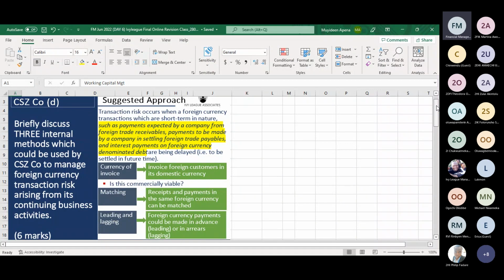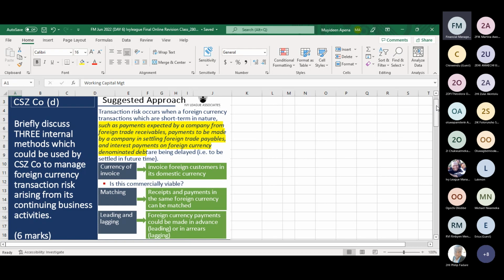But if CSE code is anticipating that exchange rates may be favorable in future, what could it do? The company could decide to delay payment, so pay in arrears. That is what we call lagging. So delay it till the time when the exchange rates will be favorable. That is what we call lagging.